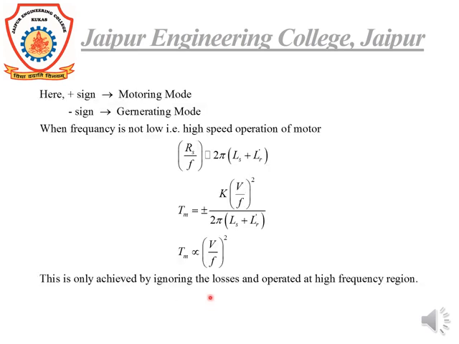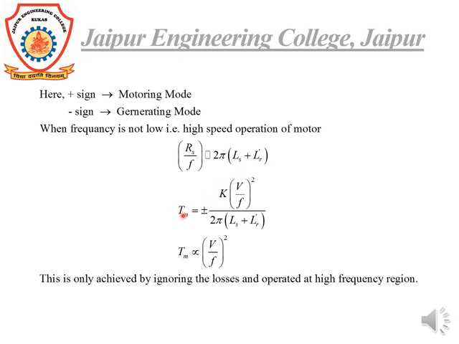Now the plus and minus signs in the maximum torque equation represent the motoring mode and the generating mode, okay. Now when the frequency is not low, that means high speed operation, Rs upon fs is very much less than 2 pi Ls plus Lr dash, so we can neglect it.